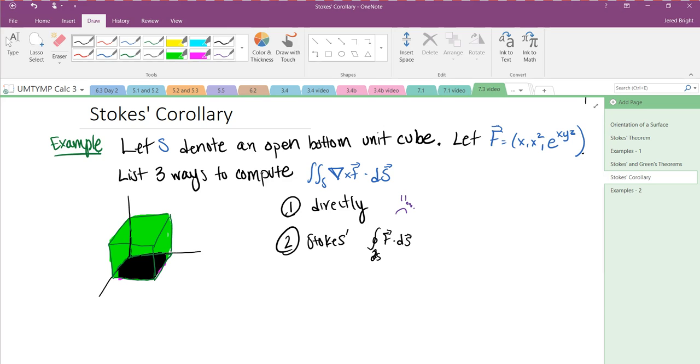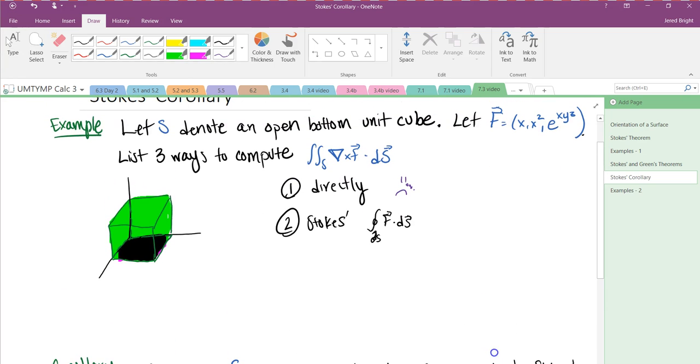If we were to parameterize this thing, we'd have x of s and t, and I don't even know how to do that, so you'd have to do it for 4 different sides, or for 5 different sides. Not fun. So we're not going to do this. Again, we are crying.